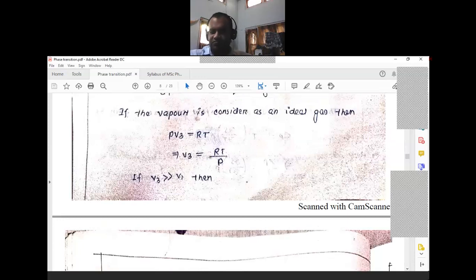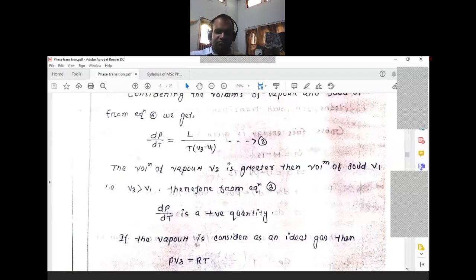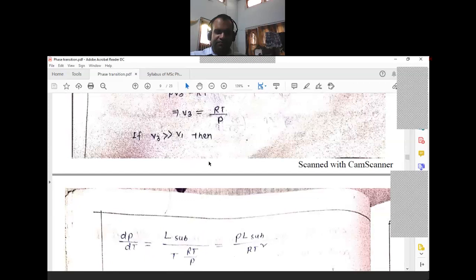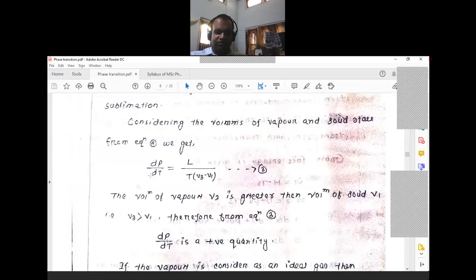Only the fusion line has a negative slope. So the sublimation slope is also positive because for sublimation, dp over dt is also a positive quantity.